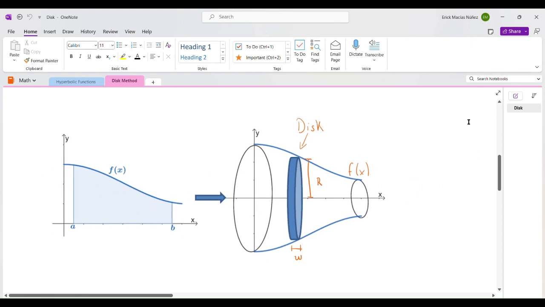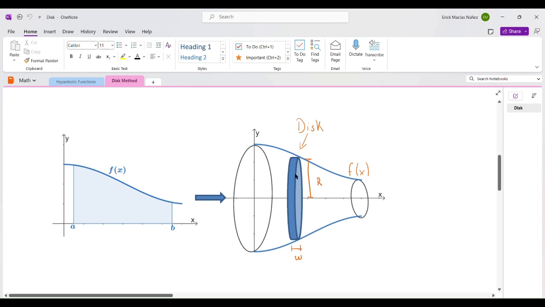So right here we have two graphs. You can see we are focusing on this curve f of x, which goes from A to B. This region will be the three-dimensional shape that is going around the x axis.